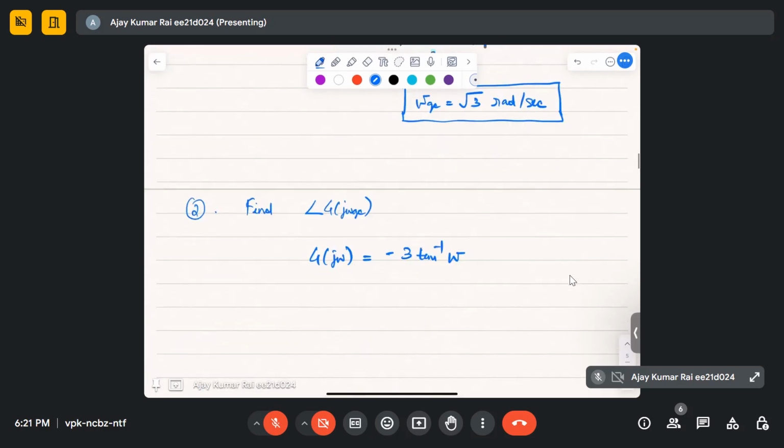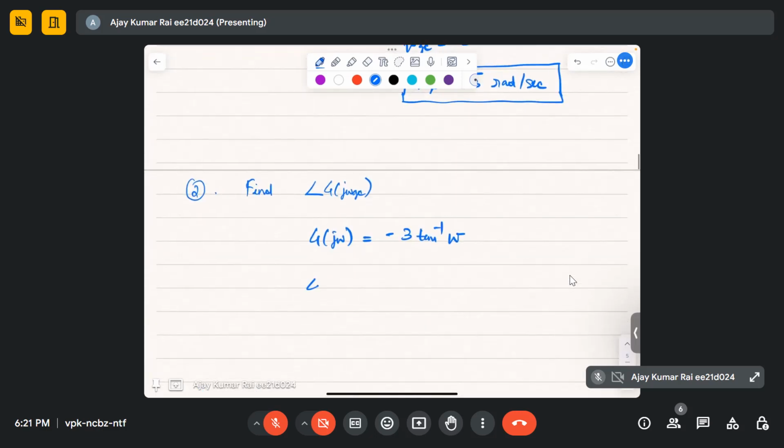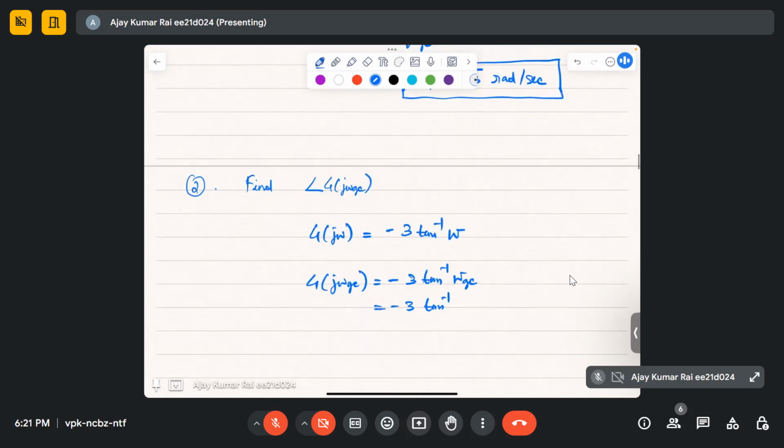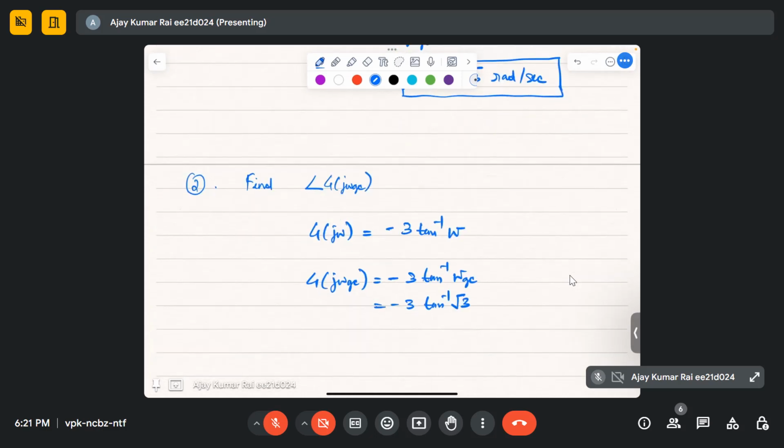Because we know the value of omega gc, it is 3 into tan inverse of root 3. So what is tan inverse of root 3?